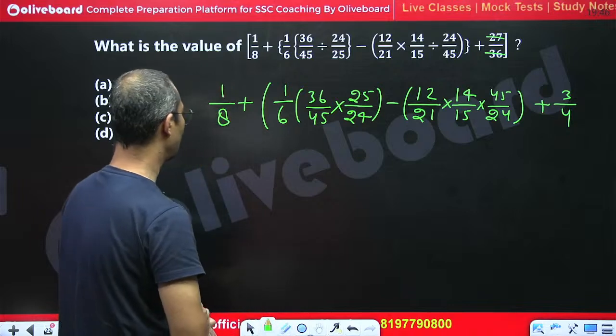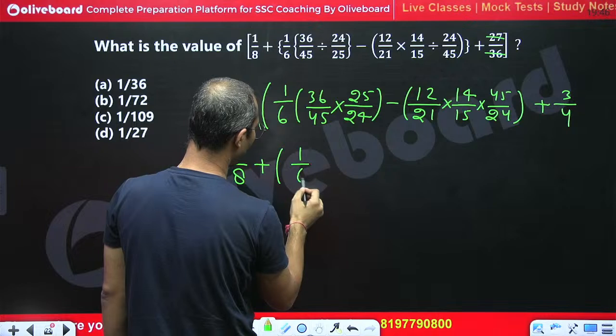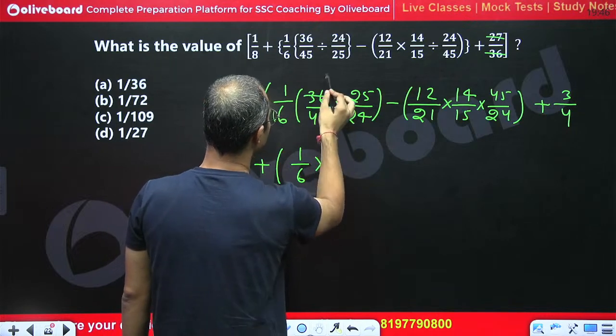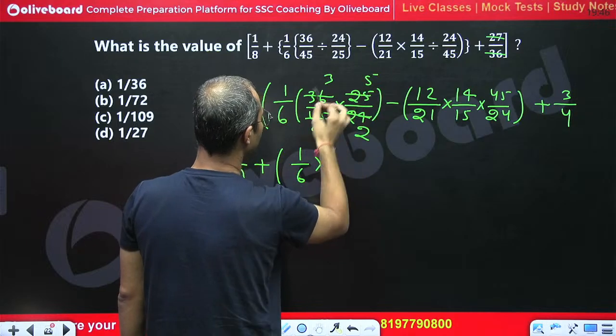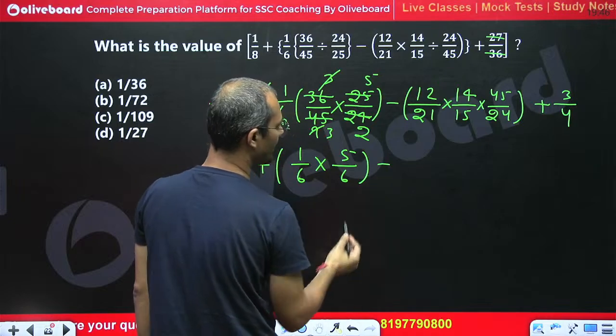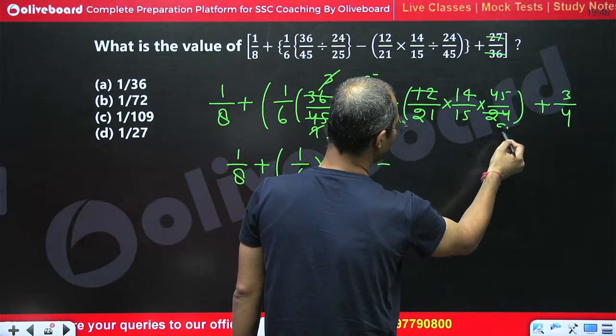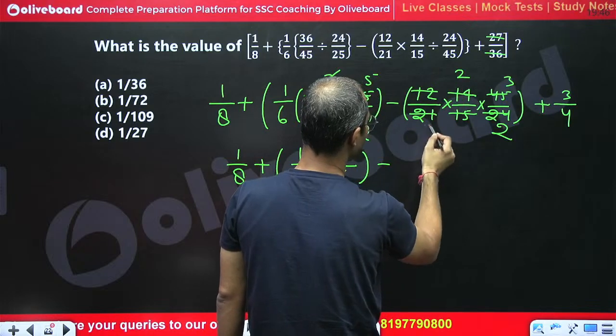So this would be equal to 1 upon 8 plus 1 upon 6 into 5 by 6 minus, 12 twos are 24, 15 threes, and 7 twos are 14, 21 threes.